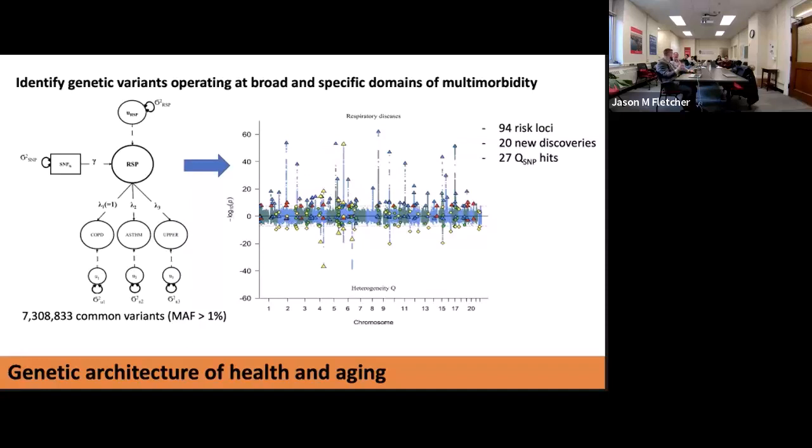We also identified 27 QSNP hits, indicating genomic regions presenting more heterogeneous patterns of associations with the individual diseases. Just as an example, the nearest gene to genomic risk locus 6, one of these new multivariate discoveries, is near the CDH13 gene, which is a tumor suppressor gene implicated in cellular senescence, which is one of the hallmarks of aging.